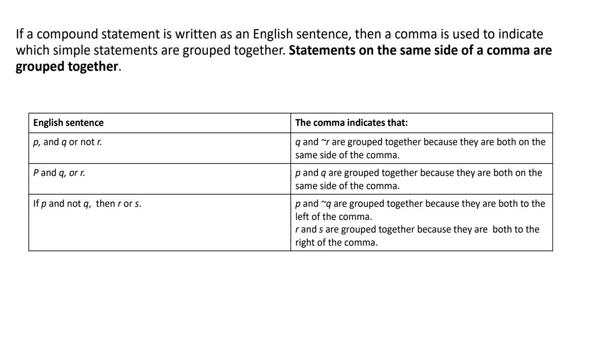And last, in the third row, you have if P and not Q, comma, then R or S. This is one of those where you can have two groupings. To the left, P and not Q are grouped, and to the right, R and S are grouped. Those are the groups that we have in that example.